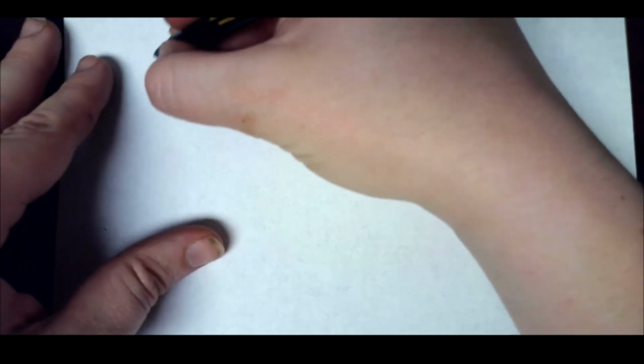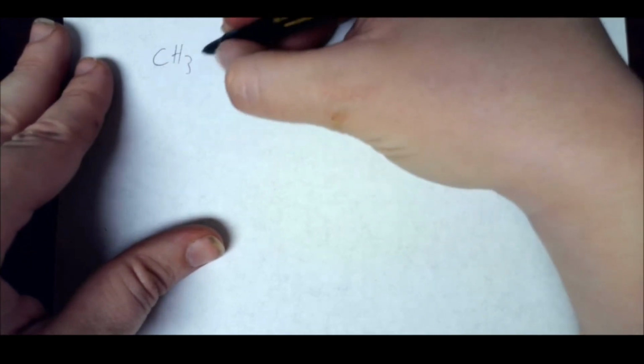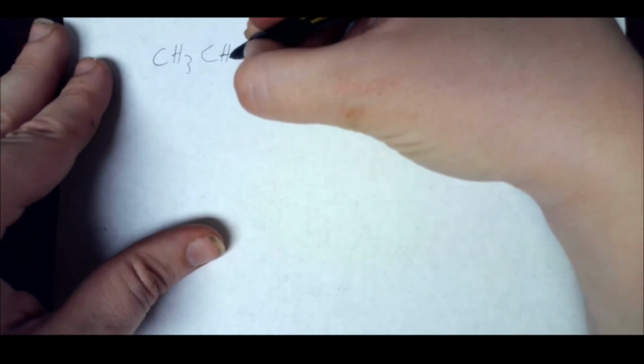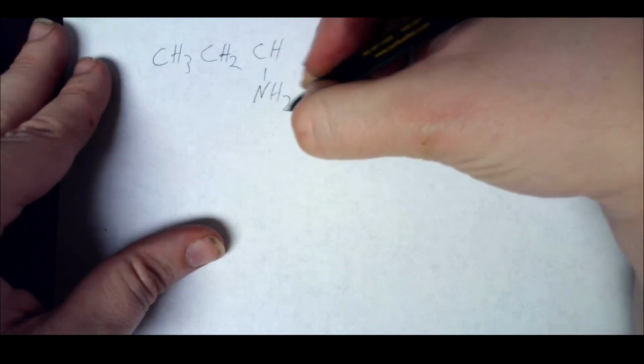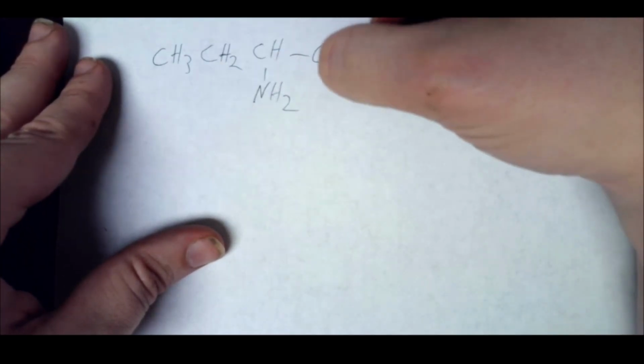Okay, let's look at some more IUPAC named structures, starting with some simple ones. Let's do a 4-carbon amine. I can do CH3, CH2, CH, NH2, CH3.